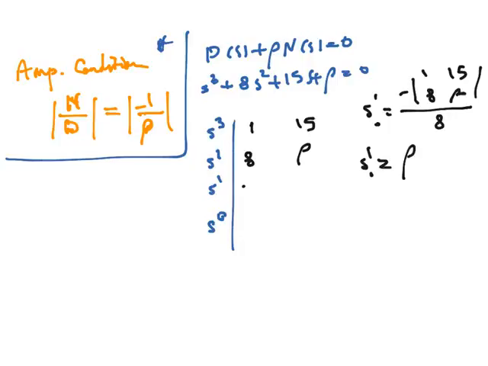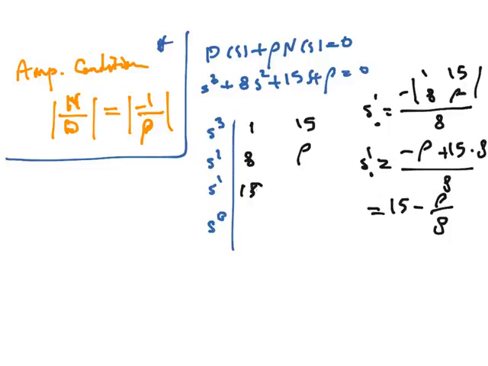If you solve it completely, we will have minus rho plus 15 times 8, divided by 8. So we will have (15 minus rho) over 8 here, and rho for the last element.